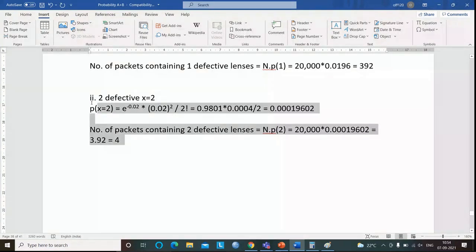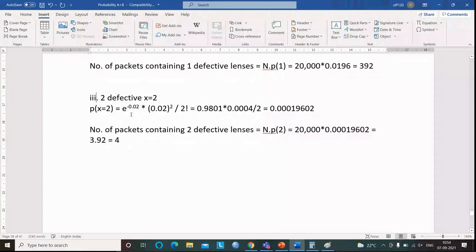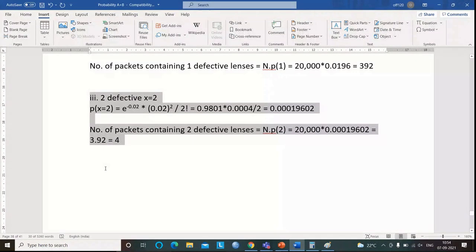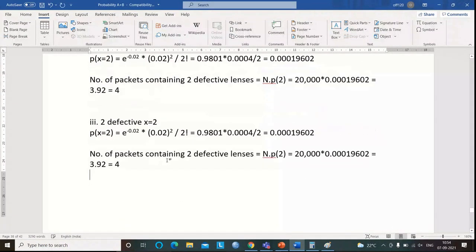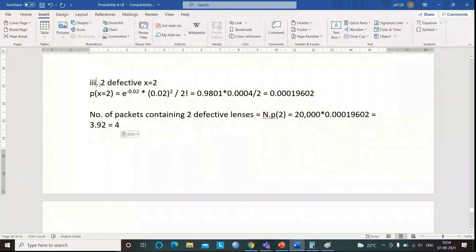Okay. Now let us move on to the last one, the similar case. Now we are going to solve this as P of x equal to 3. Then this becomes 0.02 to the power of 3 divided by 3 factorial.